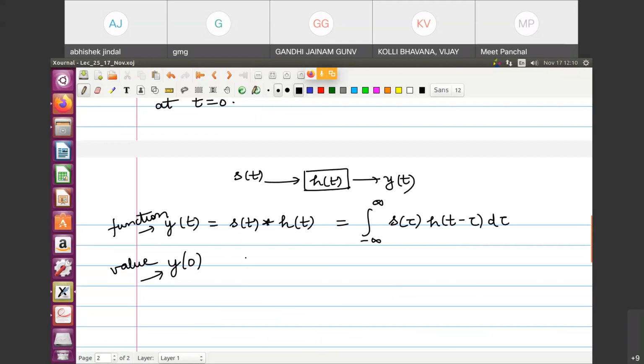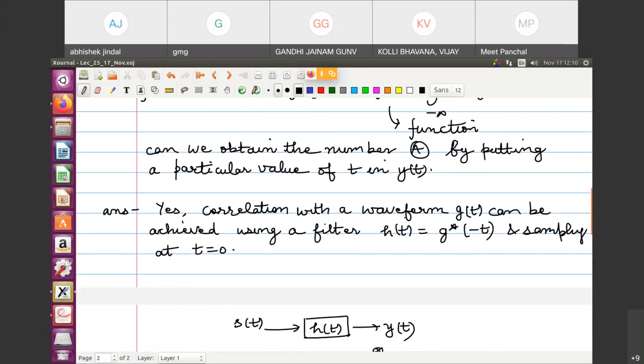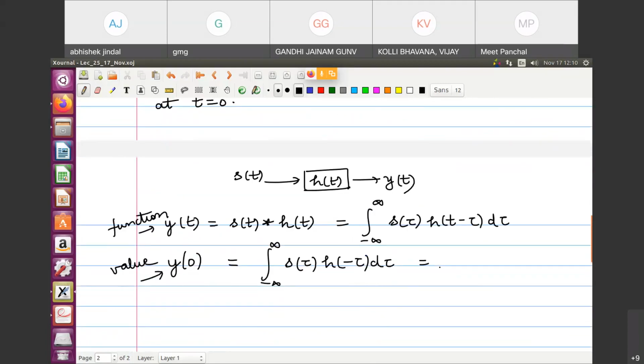Now, the claim is that if h of t is nothing but g star of minus t, then y of 0 is the integral from minus infinity to infinity of s of tau into g star of tau d tau.